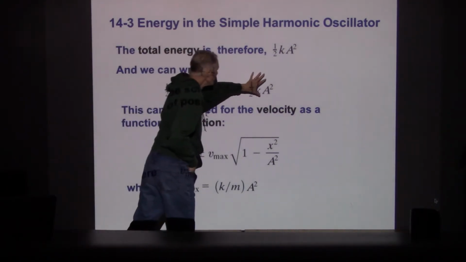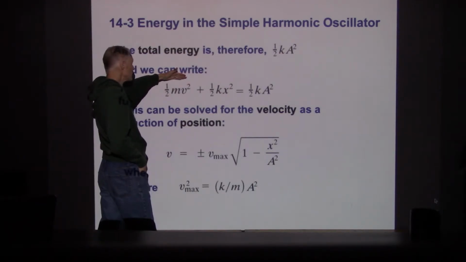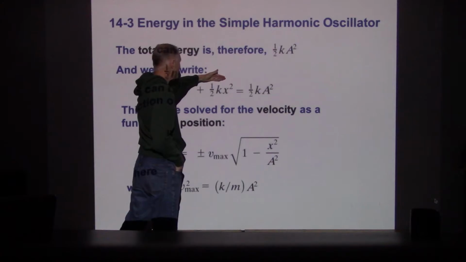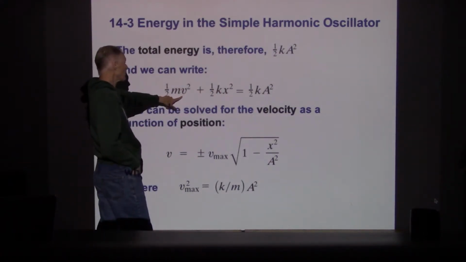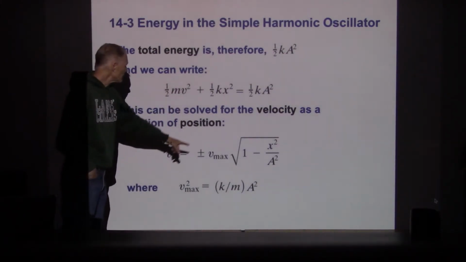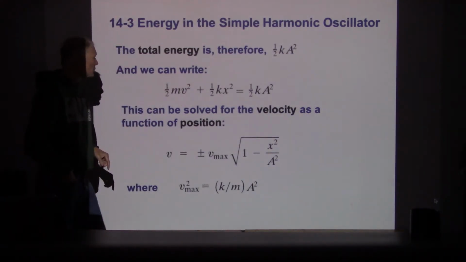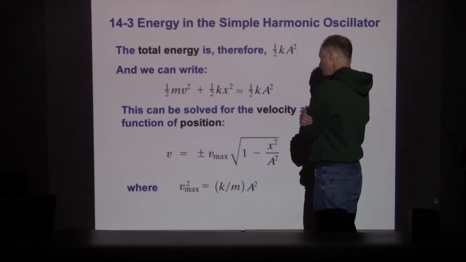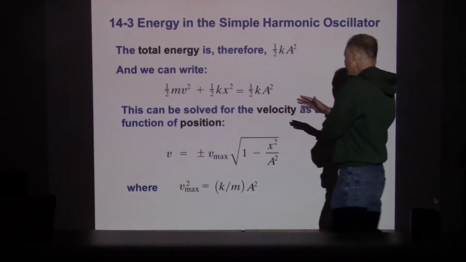Now, the total energy is a combination of the kinetic energy at any given instant plus the potential energy at that very same instant. So that's in terms of variable x, and this is in terms of variable v. Now, what they've done here is they've taken this equation and used it to solve for the velocity as a function of time. And that's fine.